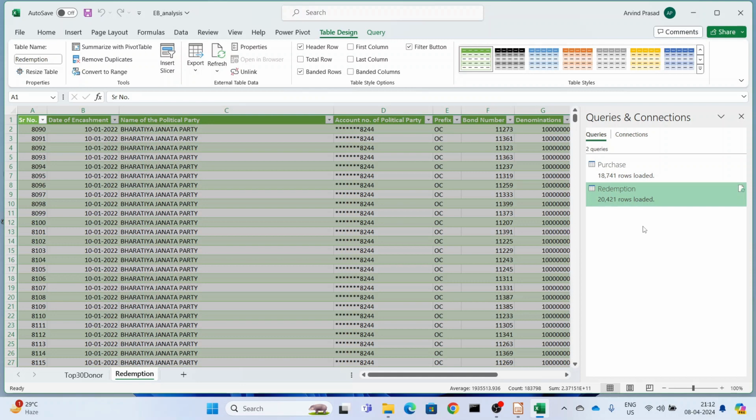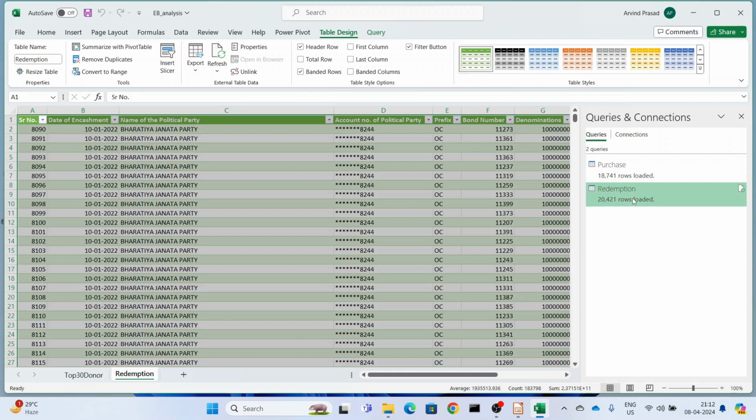The number of bonds for which purchase information is available is 18,741, and that of redeemed is 20,421. This is something we all need to understand; in my personal opinion, total transparency has not yet come out in this entire fiasco. Now let's get back to redemption.